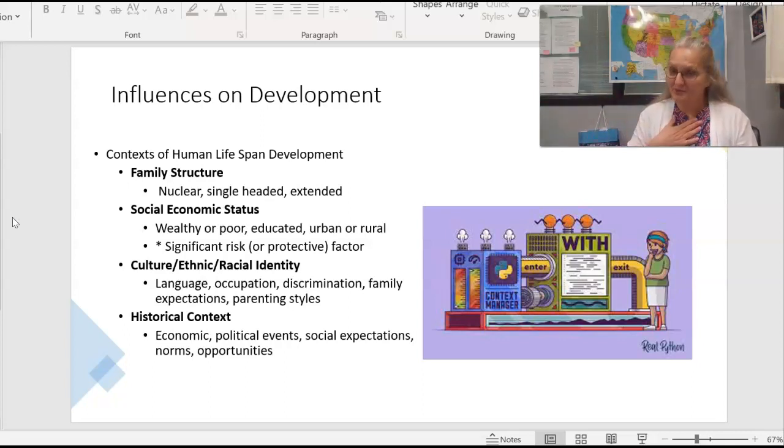And then what's really interesting to me is the idea of the historical context in which you come of age. And what we mean by this is, so great examples really just happened, right? A child born during COVID, when everybody's faces were covered, may have gone up to 2 years without actually seeing a person's full face in real life, right? So your social expectations, is everything in lockdown? Are jobs available? Are jobs not available?